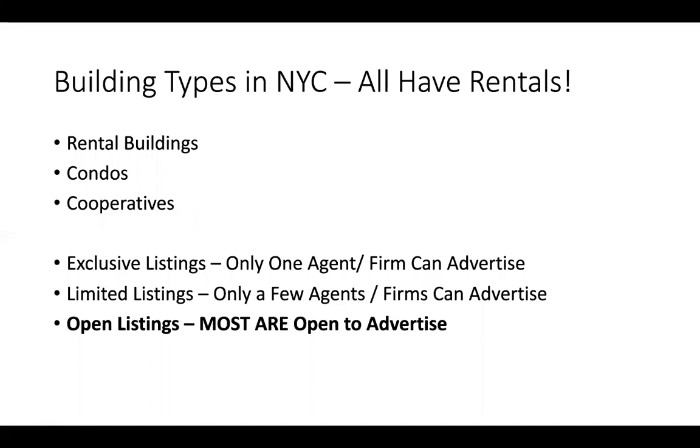Again, just a couple of reminders. When we're talking about rentals in New York, we're talking about three distinct types of properties, right? We're talking about what we would call a rental building. That's a building where the entire building, or everything but the ground floor or the first couple floors, is rental units, right? This can be owned by an individual landlord.